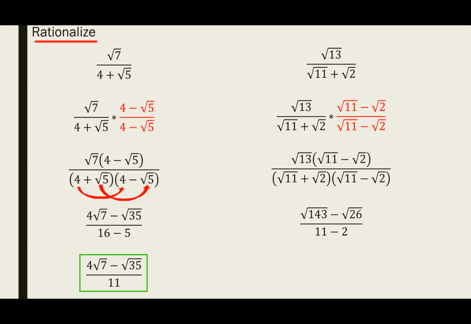Because it's underneath the radical, I can take the two numbers and multiply them. On the bottom, I take square root of 11 times square root of 11 to give me 11 on the outside. Square root of 2 times square root of 2 gives me 2 on the outside. And it's a negative because one is positive, one is negative. And 11 minus 2 gives me 9.